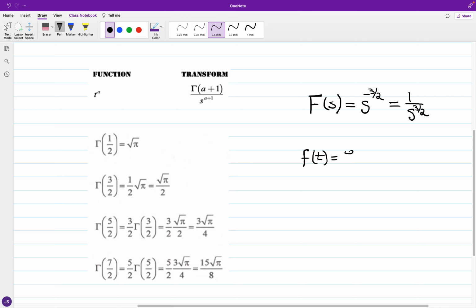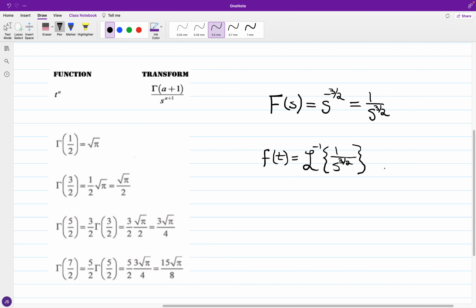And looking at what we have for f of t, we're looking at the inverse Laplace transform of the reciprocal of s to the 3 halves, and just referencing what we have from the table itself. Now again, you have your function t to the a, and the transform is gamma of a plus 1 all over s to the a plus 1.